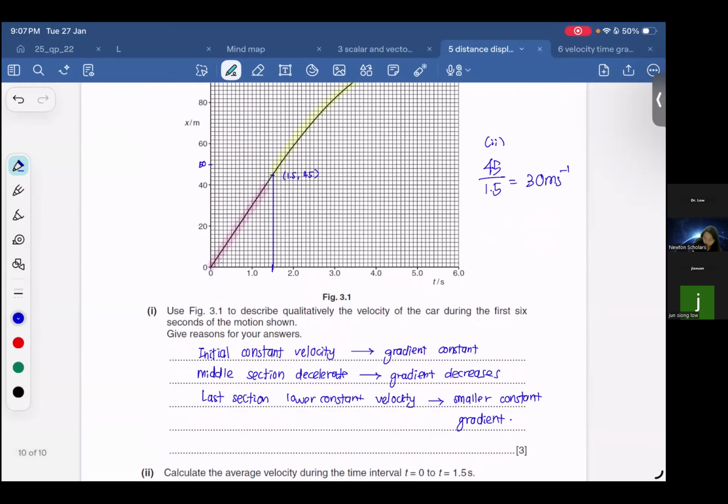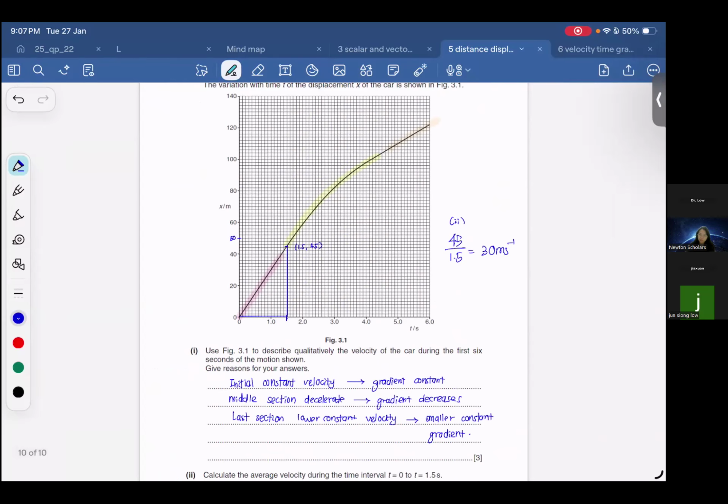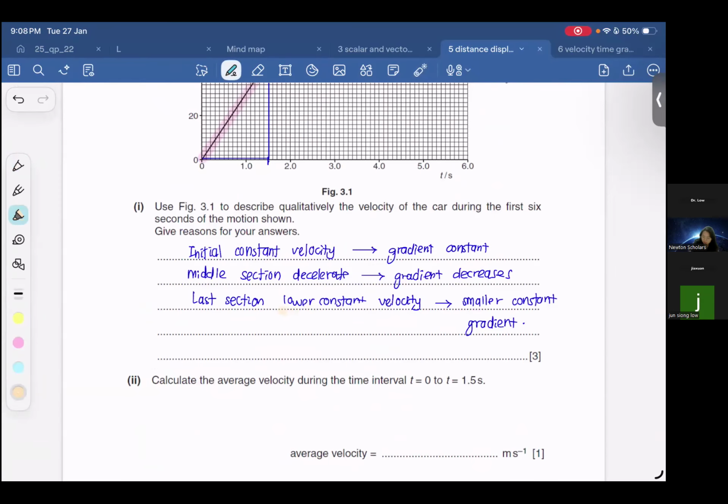Here until here, I want to emphasize another thing. The last section just now, it's a constant. Okay, it's constant, but we found out that the first part actually is steeper. The last section is also a straight line, but it's less steep. So maybe you can emphasize, this is a constant velocity, yes, but it's lower constant velocity than your first section.